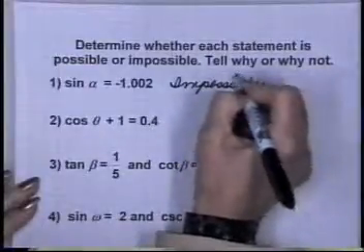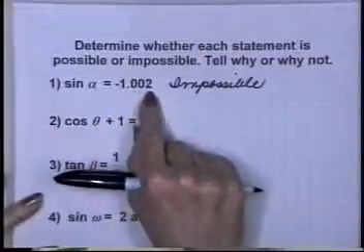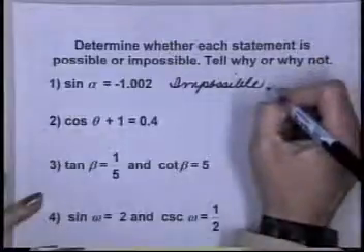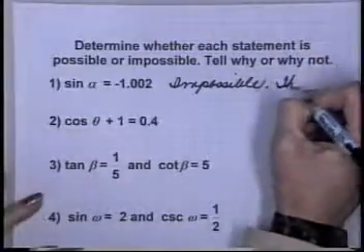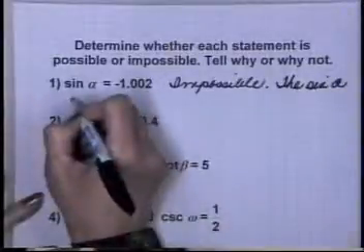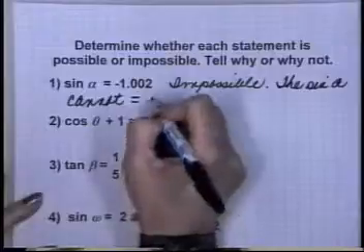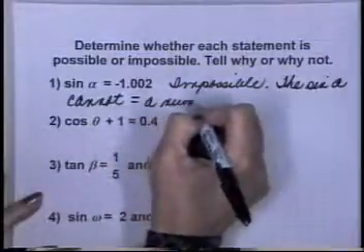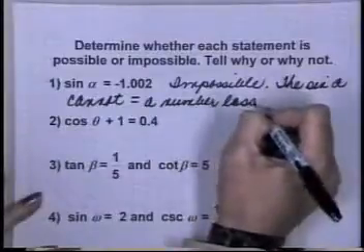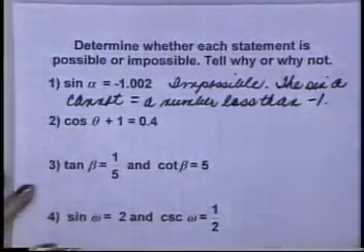Impossible. Why? Because negative 1 and 2/1000 is less than negative 1. So the reason here is the sine of alpha cannot equal a number less than negative 1.